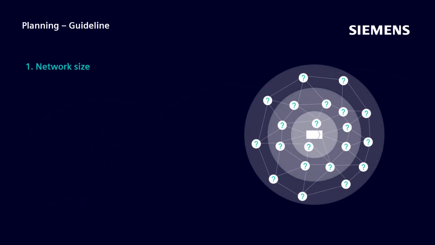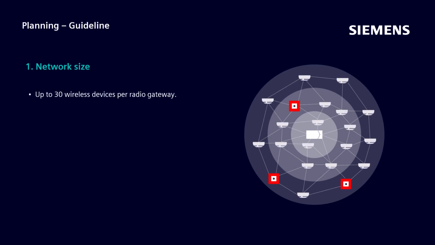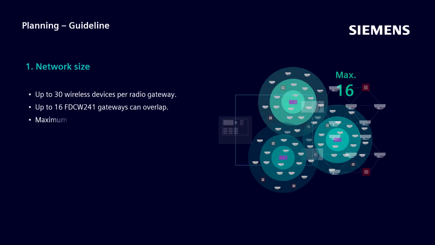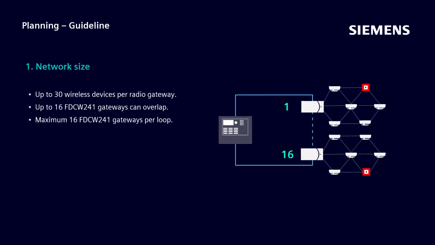Let's start with the first rule, the network size. In a SWING system, up to 30 wireless devices can be connected to a single radio gateway. Up to 16 FDCW241 radio gateways can be used in overlapping wireless networks. A fire detection system can support up to 16 FDCW241 gateways per loop.